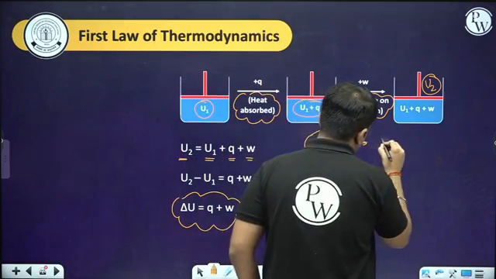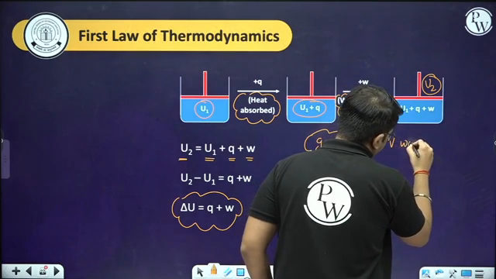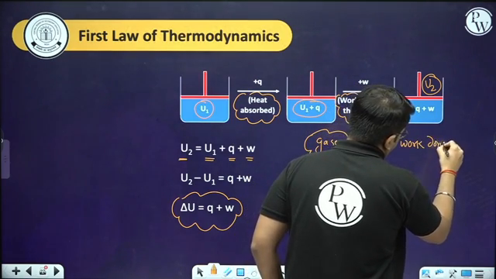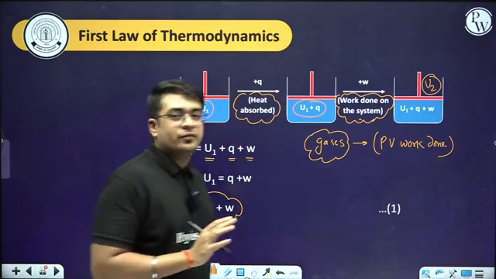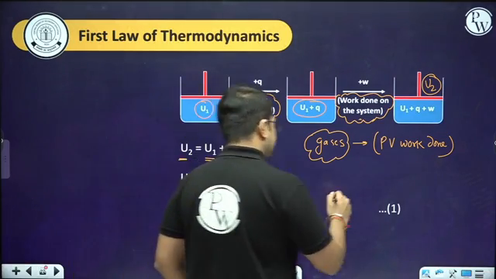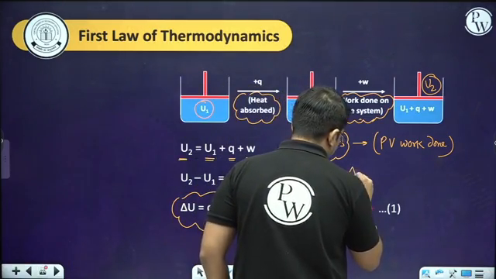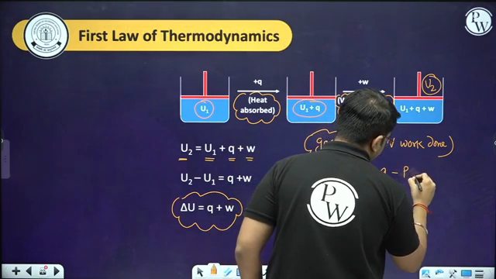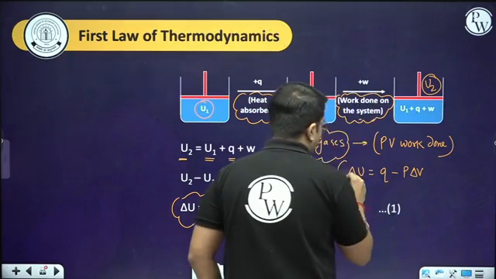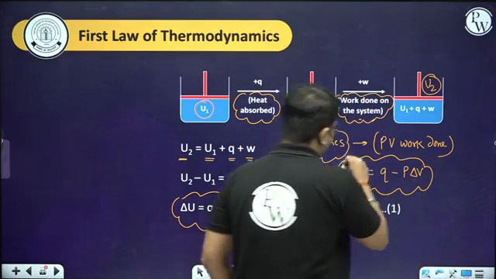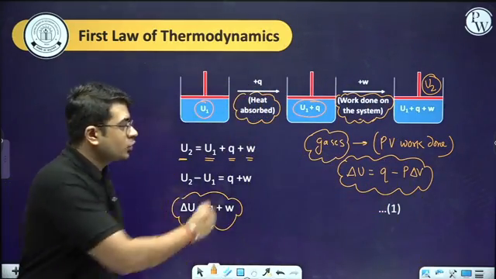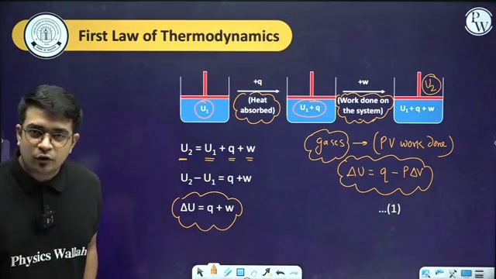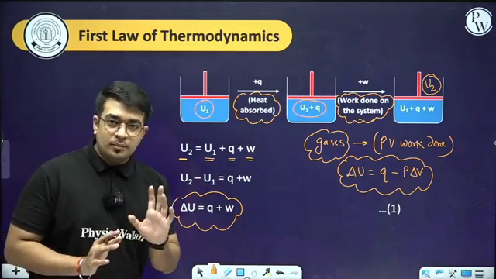And in the case of gases, we have to include PV work done. So in this particular case, del U will be equal to Q minus P del V. That depends on whether we are talking about the reversible or irreversible part, but I can include this PV work done in this formula. That's the only thing I want to mention.